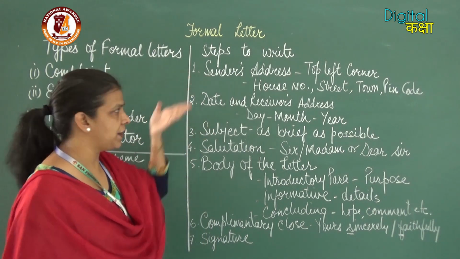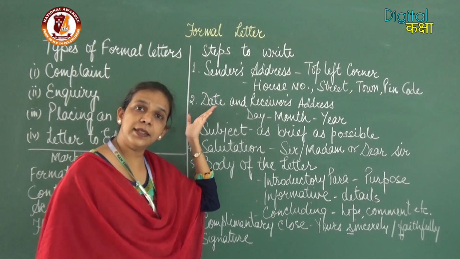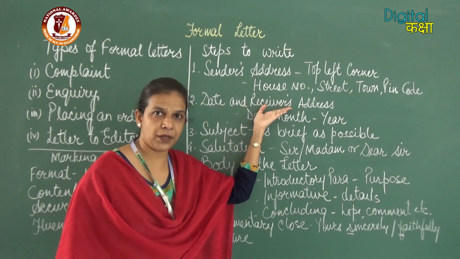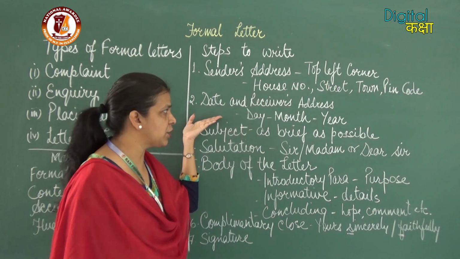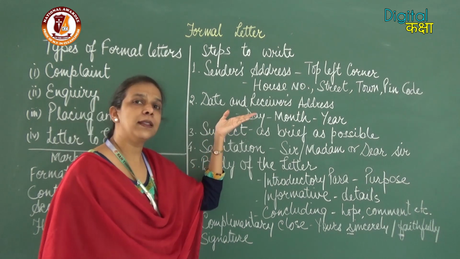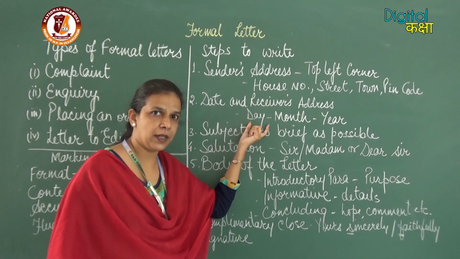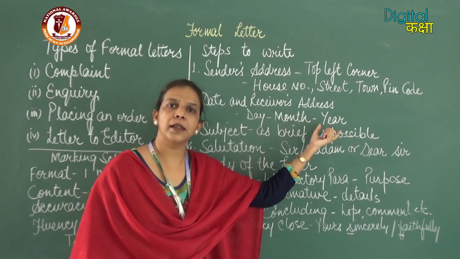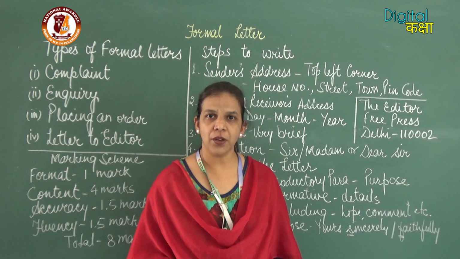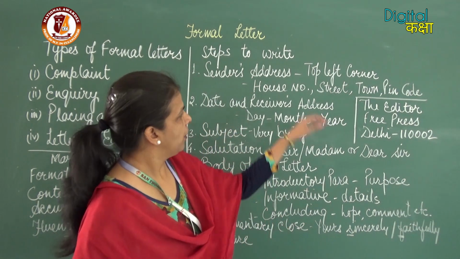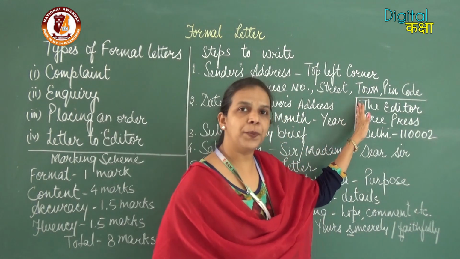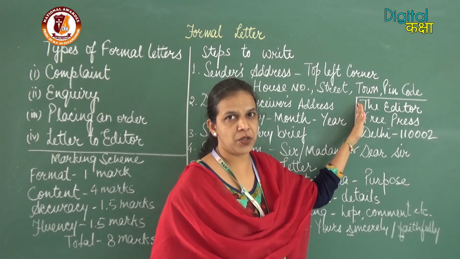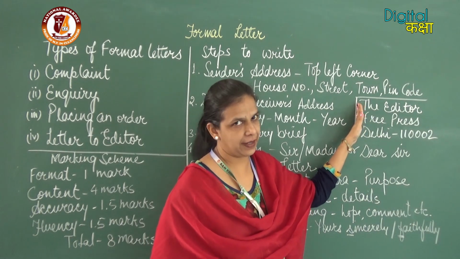After sender's address, next comes the date and the receiver's address. Date is to be written in this format: first comes the date in figures, then month and the year. When we talk of receiver's address, first comes the person's designation to whom we are addressing the letter.